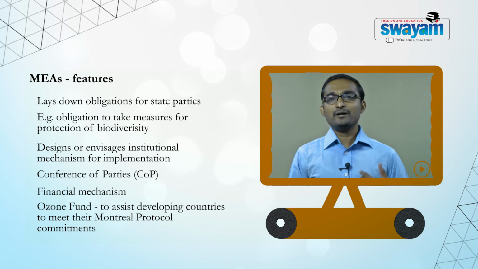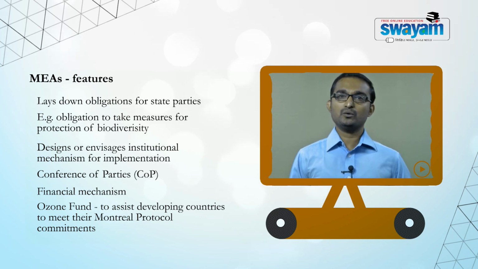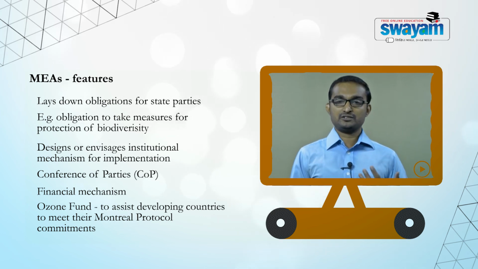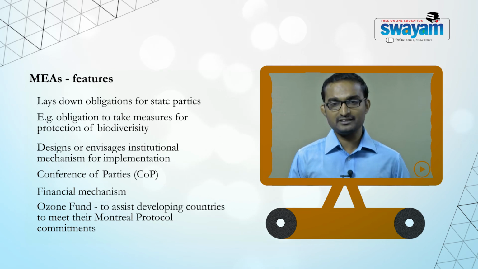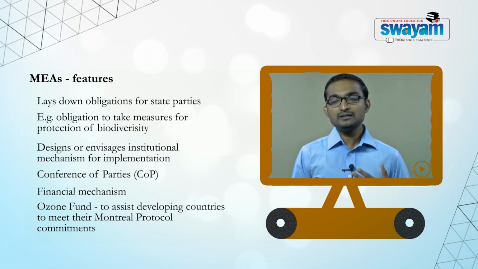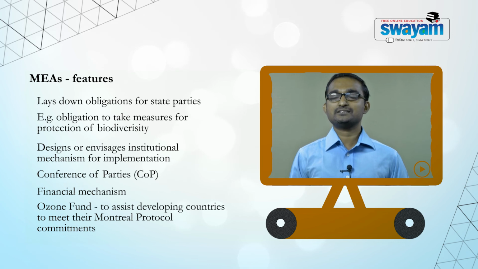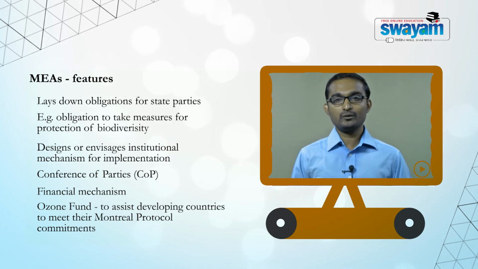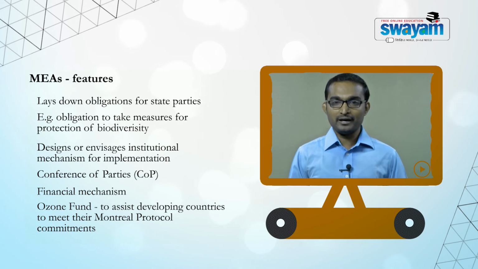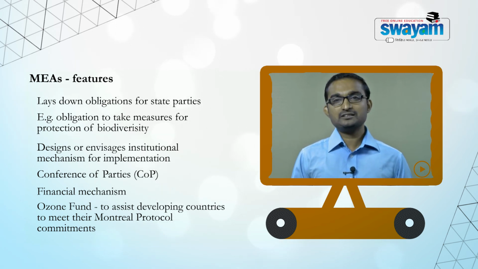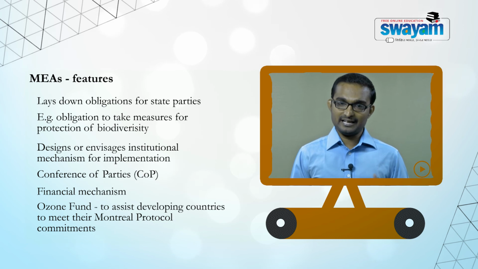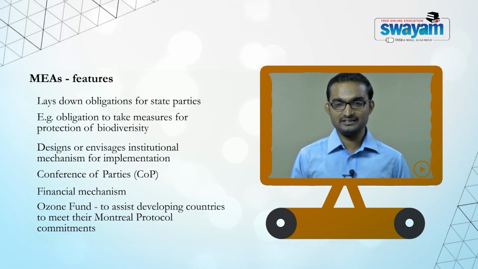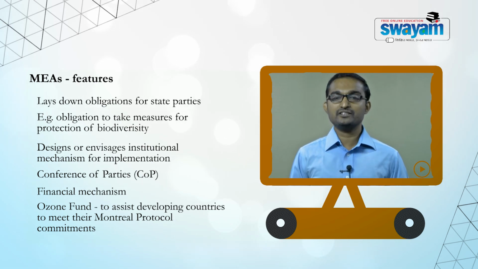And the idea is, look at the obligations which countries are supposed to fulfill under these environmental agreements, and it is quite clear that if the countries want to fulfill these obligations, they require human resources, a lot of money and technology, which many of these developing countries are lacking, especially the least developed countries.